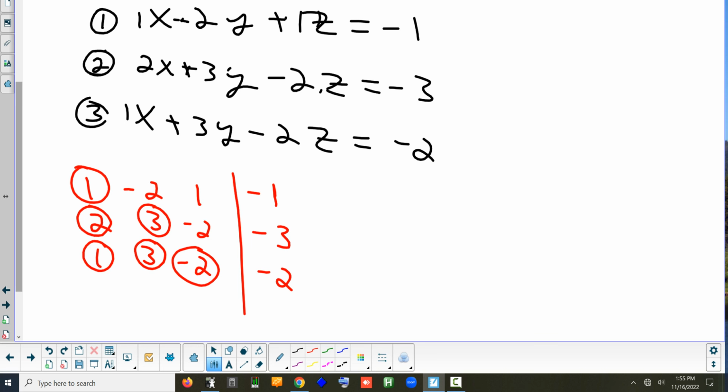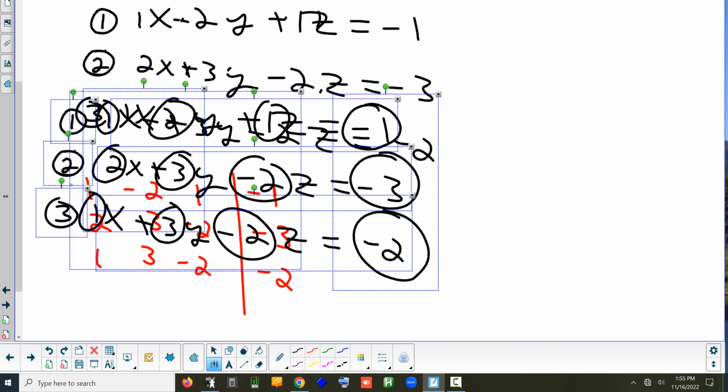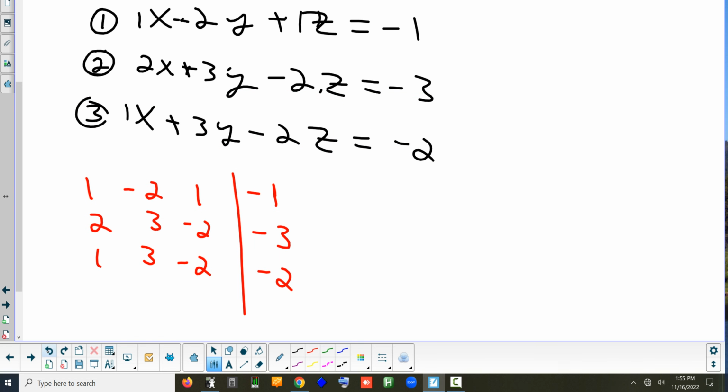If you don't, what you do in a later step may mess up what you did in an earlier step. We don't want anything to mess up something we've already got all set. So let's go through it and focus on the first column. Step 1, get a 1 in this spot. Already have, so that's good.